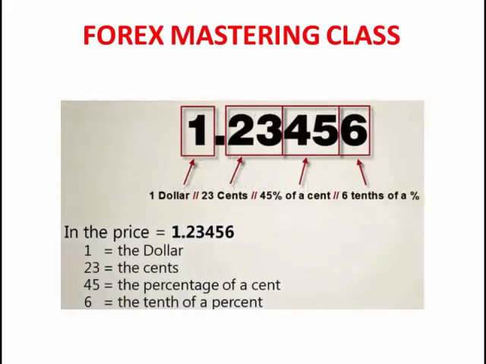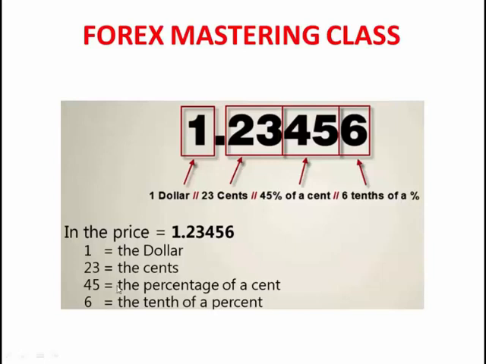Let me explain this. Let's say we have EUR/USD now, and this is what the currency value is. This is a dollar, and this is 23 cents, and this is 45% of the cent, and this is 6/10 of a percentage.